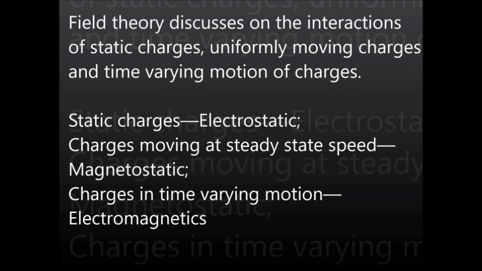In field theory, we have discussed electrostatics, magnetostatics, and electromagnetics. Basically, the interaction of a static charge is called electrostatics. The interaction of uniformly moving charge or DC current is called magnetostatics, and the interaction of time-varying charge or current, or AC current, is called electromagnetics.